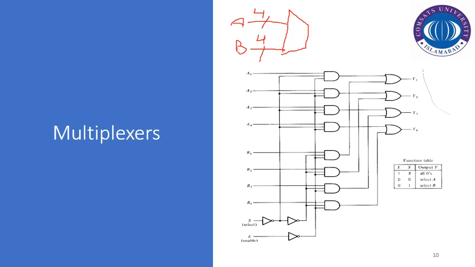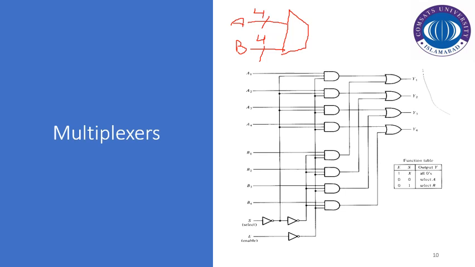But in this example, since we've got two users of 4 bits each, the number of select lines is not dependent upon the size of each user, but it is dependent upon the number of users. So we've got two users here.